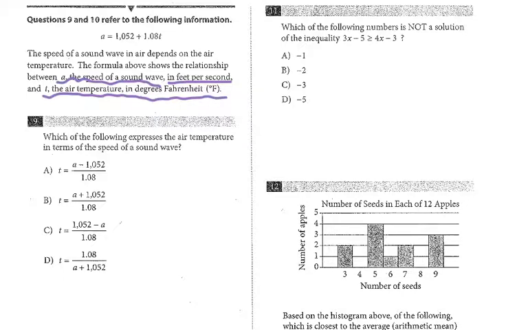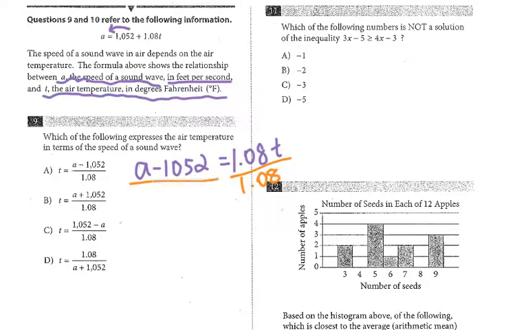That's why we need to isolate T on one side. Then I subtract 1052 from both sides. You will get A minus 1052 equals 1.08 T. Then you need to divide both sides by 1.08. Therefore, your answer will be A.